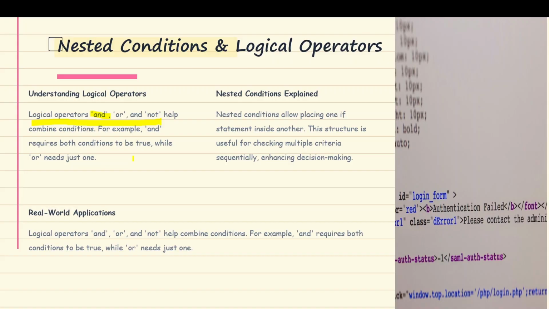What happens if one condition is true and another one is false? With the AND operator, if one condition is true and the other is false, the AND operator is not going to give us true as output. And we are also going to do the same with the OR operators, putting in two conditions and using the OR operator.